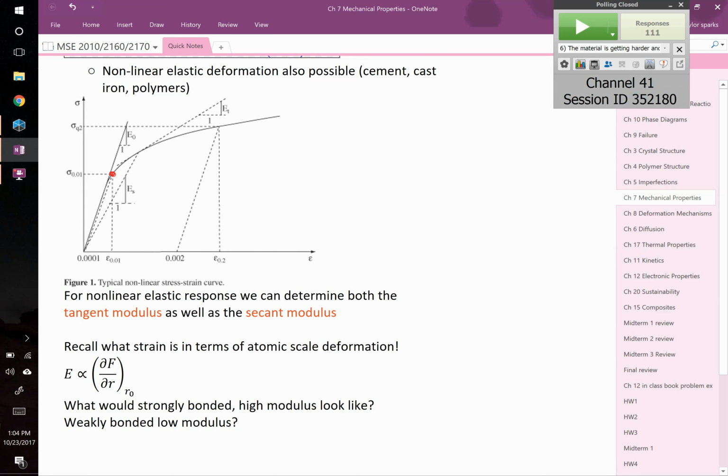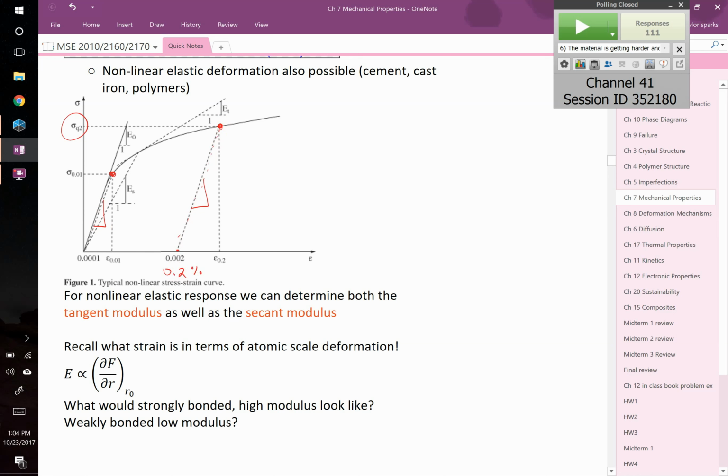When you load it up to this stress right there and then let that stress off, it's going to relax and go back with a specific slope, and that slope is going to be whatever your initial slope was. If it goes back and you're left with 0.002 strain, or 0.2%, that by definition is the yield strength.